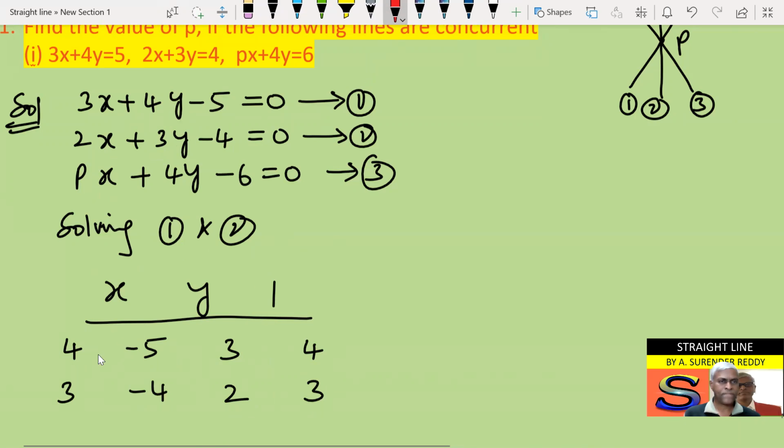Repeating, just like cross multiplication.